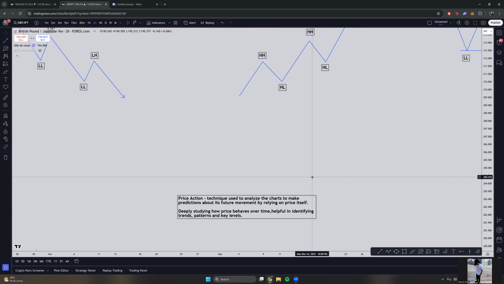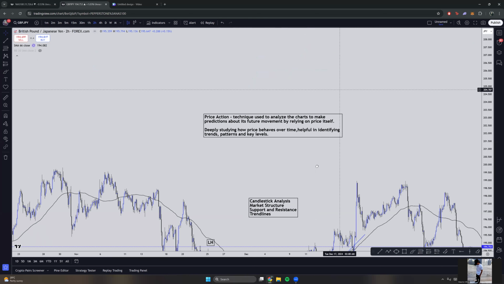You use price action, you use market structure. You look at how the market is trending and identify the trend first. Is the market moving upwards? Is the market moving downwards? Is the market forming a series of higher highs and higher lows, or a series of lower highs and lower lows? These are the important things you need to identify when trading price action.